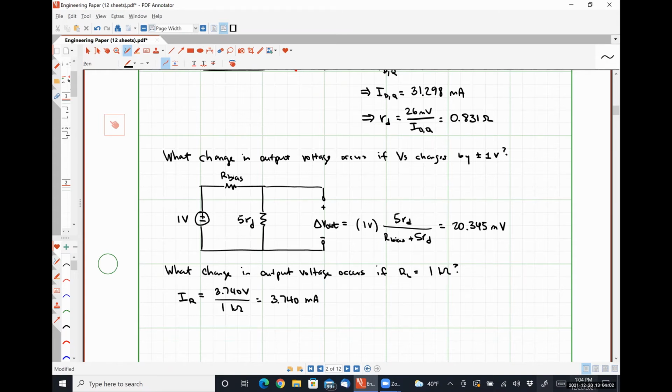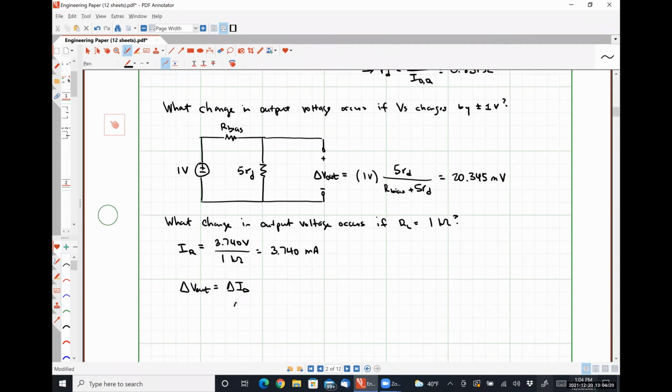Well, that's pretty straightforward. And then our change in V out would be the change in our diode current, negative 3.740 milliamps, times our dynamic resistance, which in this case gives us negative 15.534 millivolts.